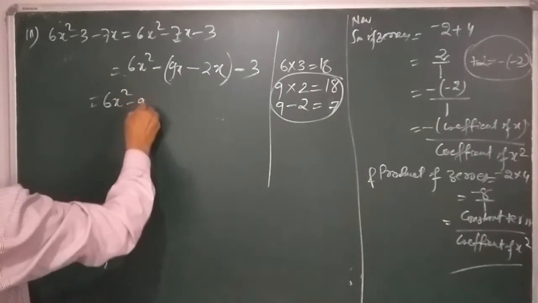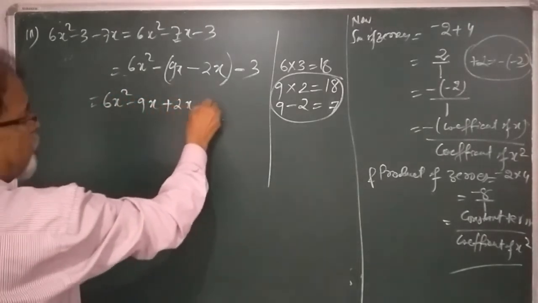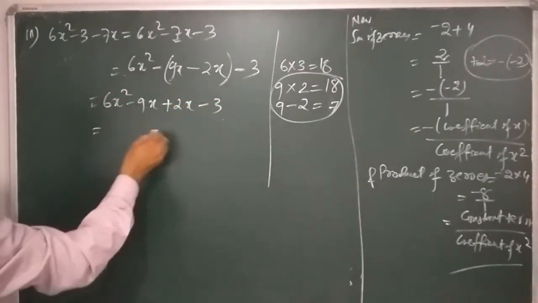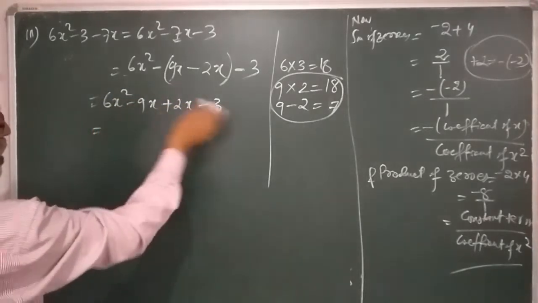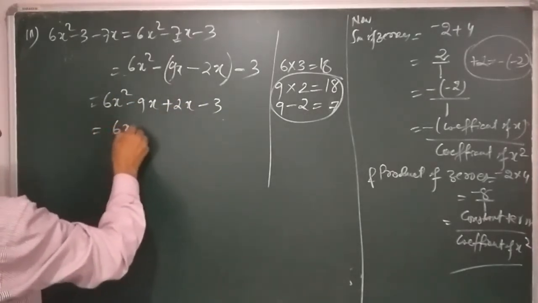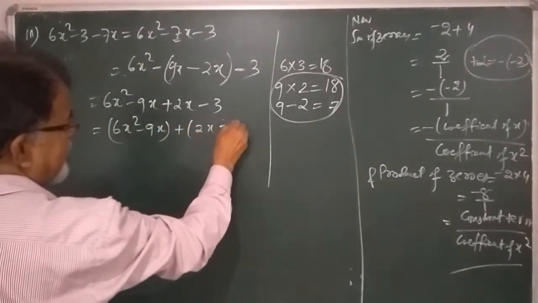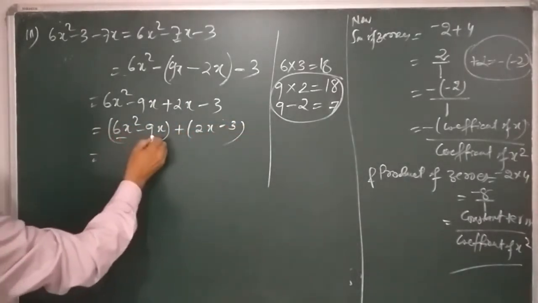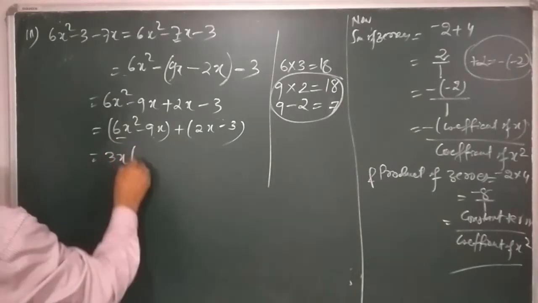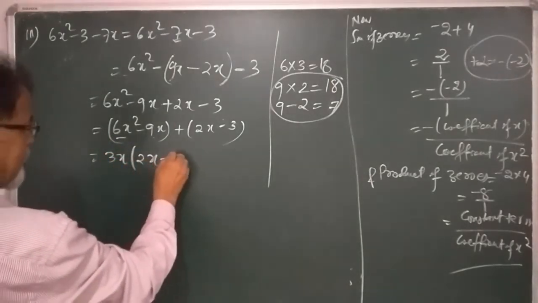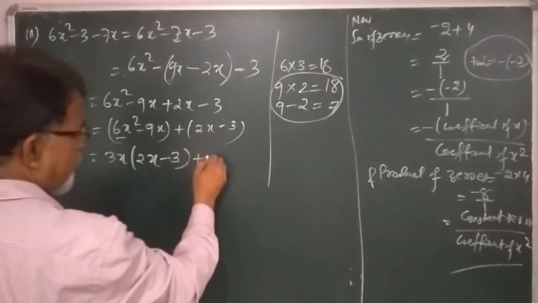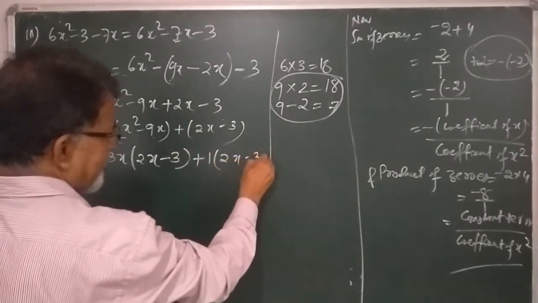6x square minus 9x plus 2x minus 3, and we will regroup the first two terms and the last two terms. 3x is the common factor: 3x into 2x minus 3, and here 1 is the common factor, so plus 1 into 2x minus 3.